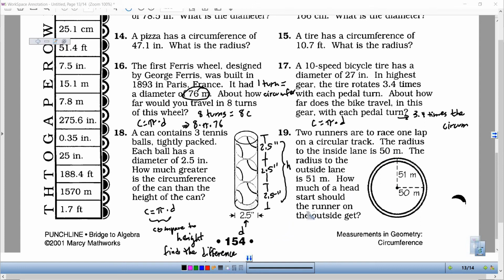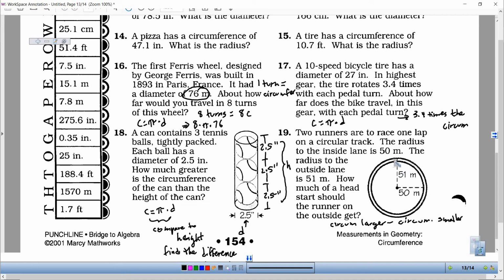So what do we need? All right, we need to know the circumference of the bigger circle and the circumference of the smaller circle. So if we do the circumference of the larger minus the circumference of the smaller, that will give us how much of a head start, because that's going to give us the difference in the distances.